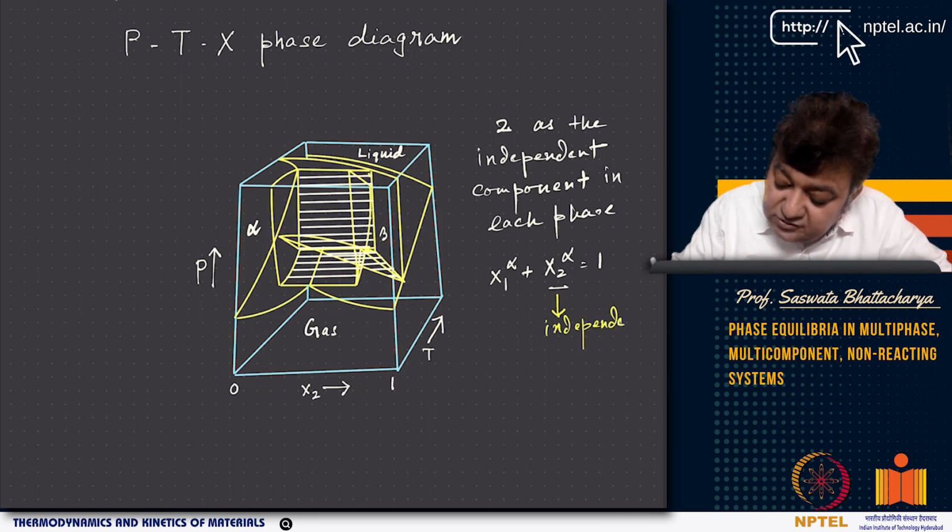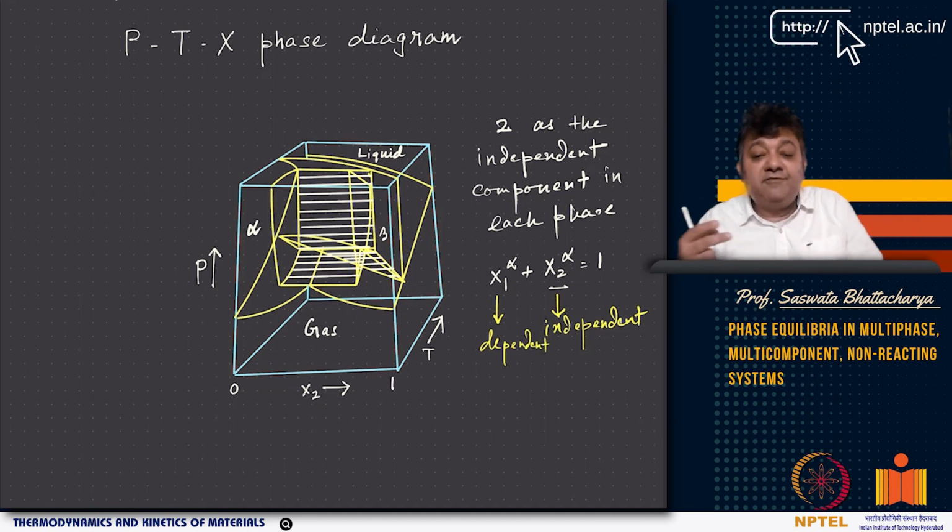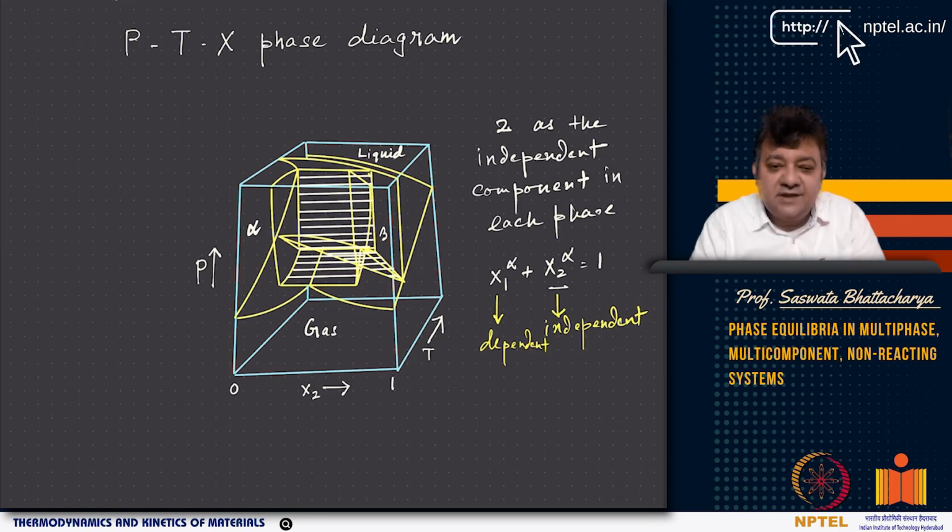That's your choice completely. In a ternary system, you can have two independent variables. If you have a quaternary system, you have three independent concentration variables in each phase, but the fourth one is dependent on the other three.